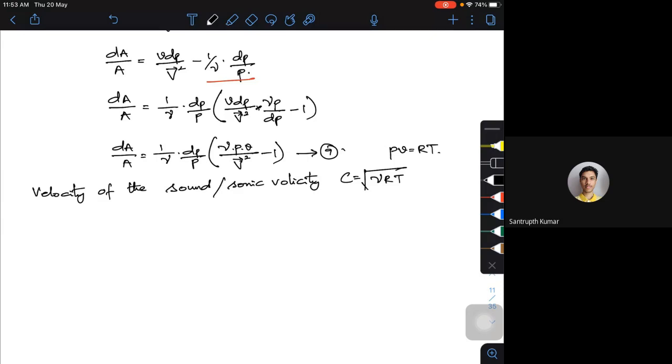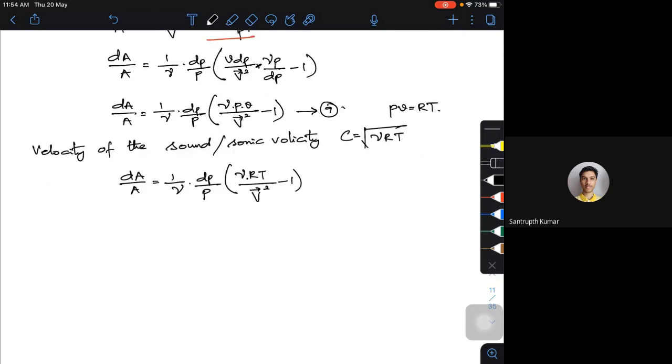I can write equation number 9 as dA by A is equal to 1 by gamma into dP by P into gamma into R into T divided by V square minus 1. So substituting C square for gamma RT, dA by A is equal to 1 by gamma into dP by P into C square by V square minus 1.